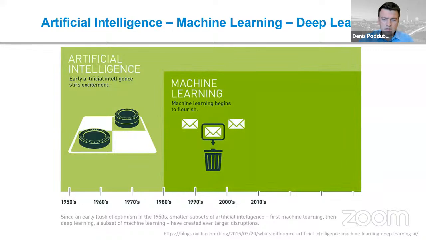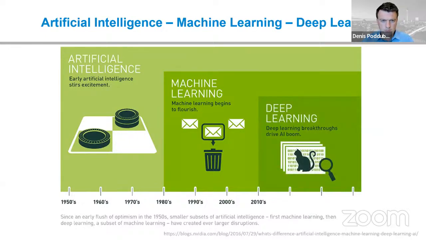Then around 1980, approaches of machine learning came in, and you all know machine learning approaches also in biomedical research. For example, a clustering performed by a statistical program is a sort of machine learning approach.